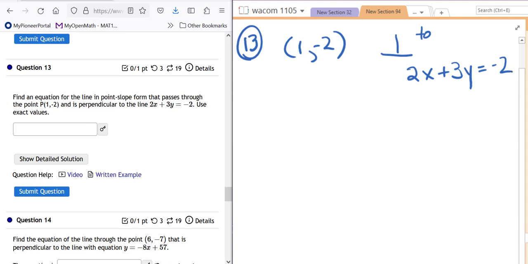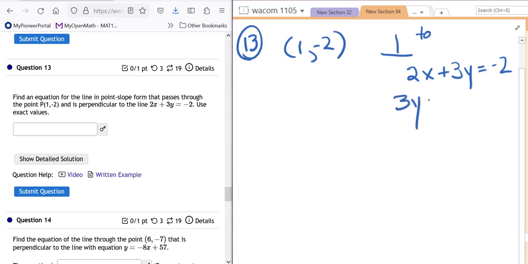Right? And so we want to write our equation of the line. And they want point slope form. All right, so the first thing we have to do is figure out the slope of this line. Right, so that means isolate your y. So I'm going to move the 2x to the other side.